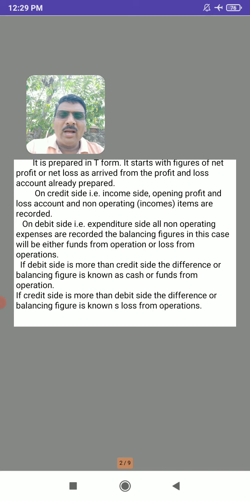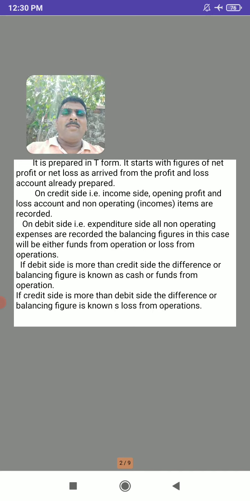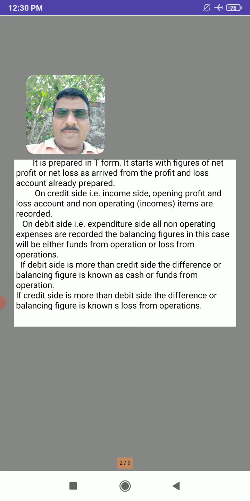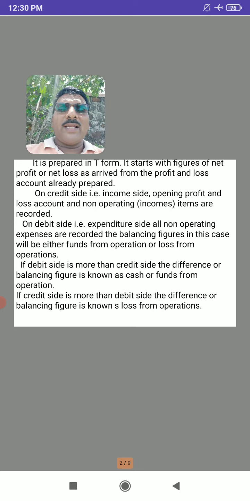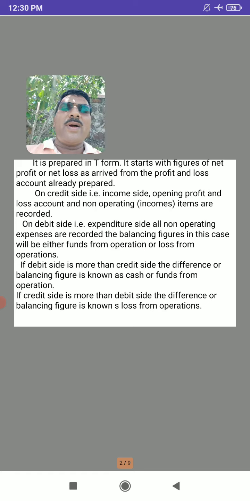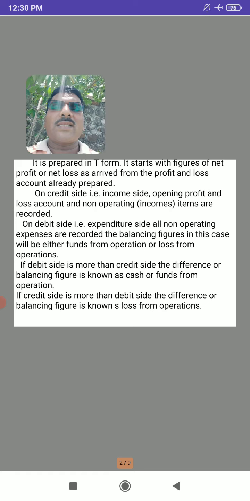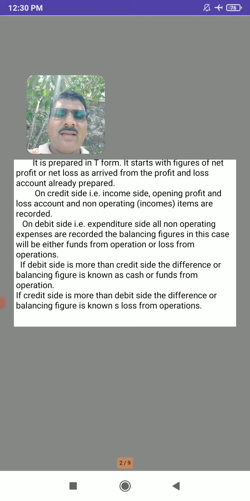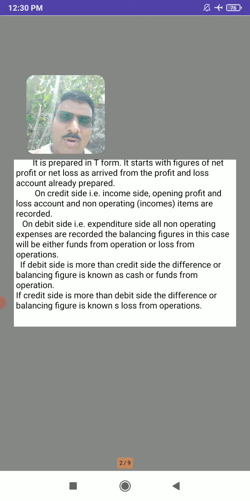The balance figure in this case will be either funds from operation or loss from operation. After recording both the income side and expenditure side, we have to balance the account. After balancing the account we get some amount, that is the balance carried down. It may be funds from operation or loss from operation.